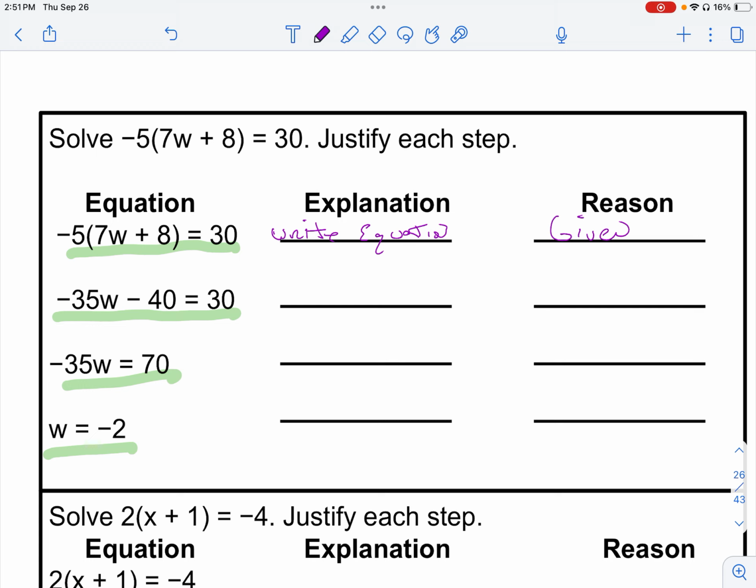Then to get from step 1 to step 2, we multiplied the -5. And what's that? That's our distributive property. All right, so down to step 3 here, we added 40 to each side.